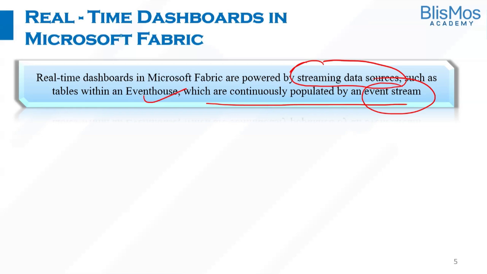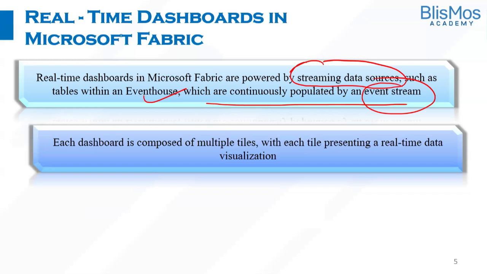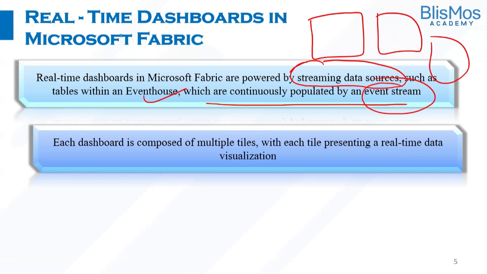That way, real-time dashboards are fed by the event house. And in order to visualize, we have to create something called tiles. Tiles are nothing but parts of the dashboard. A dashboard consists of multiple tiles having graphs, pictures, or even tables.